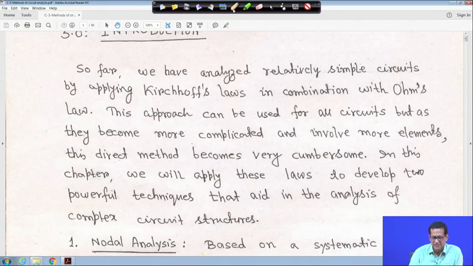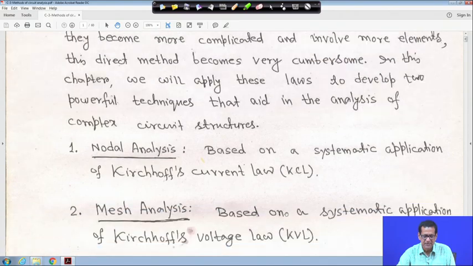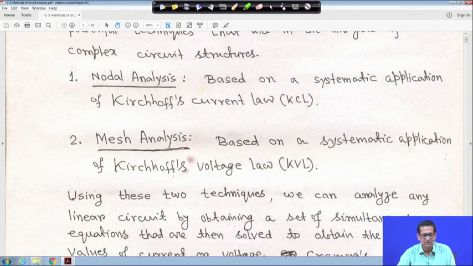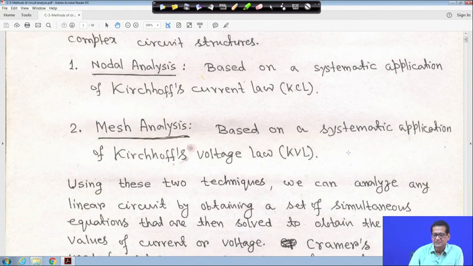So, in this chapter we will apply these laws to develop two powerful techniques that aid in the analysis of complex circuit structures. First is nodal analysis, based on a systematic application of KCL, and mesh analysis, a systematic application of KVL, using Ohm's law as required.